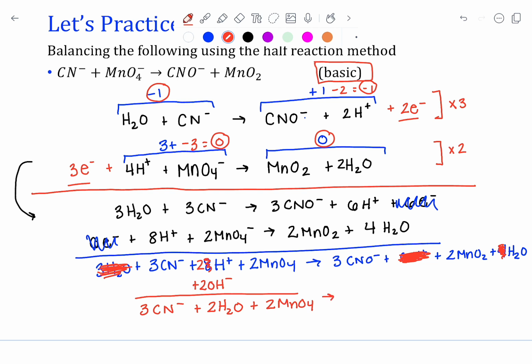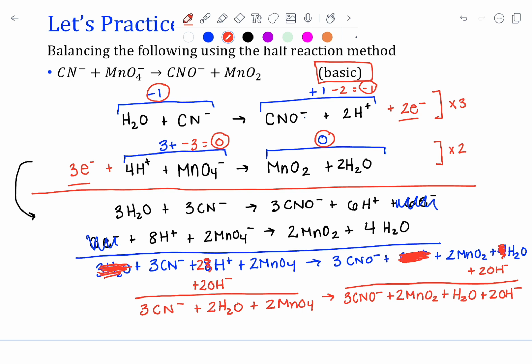Now because I added 2 OH minus to my reactant side, I also have to add them to my product side. So that would give me a product side of 3 CNO minus plus 2 MnO2 plus 1 H2O plus 2 OH minus.